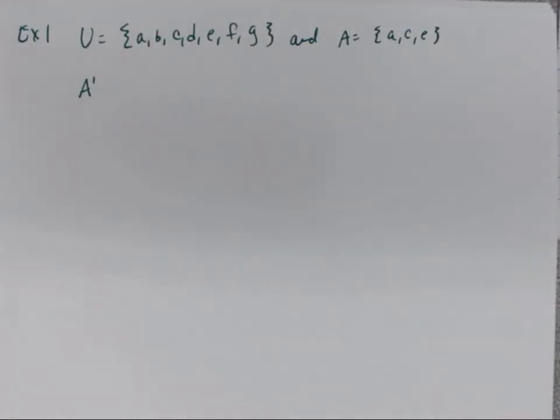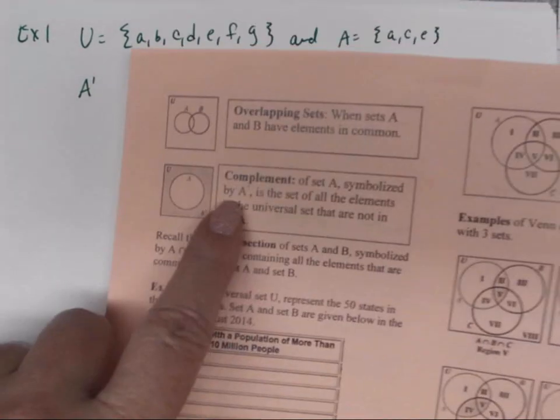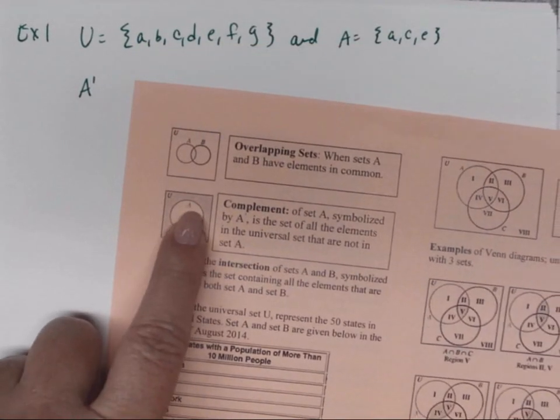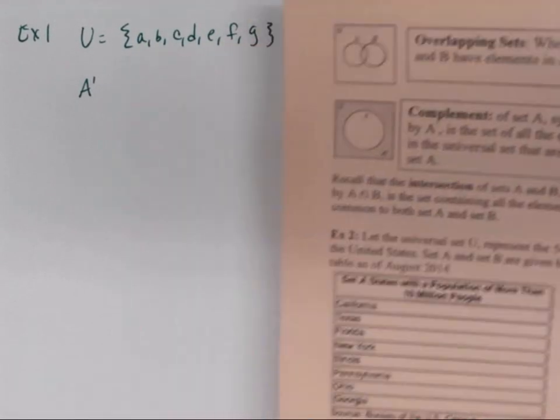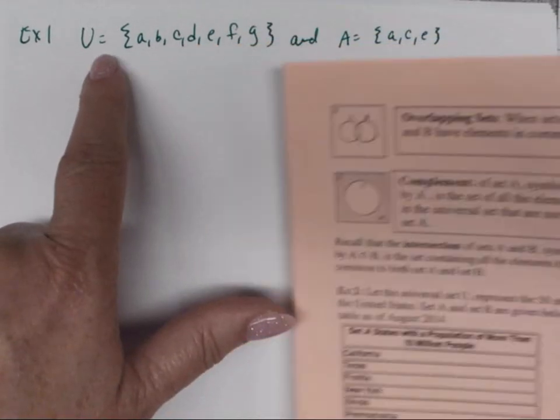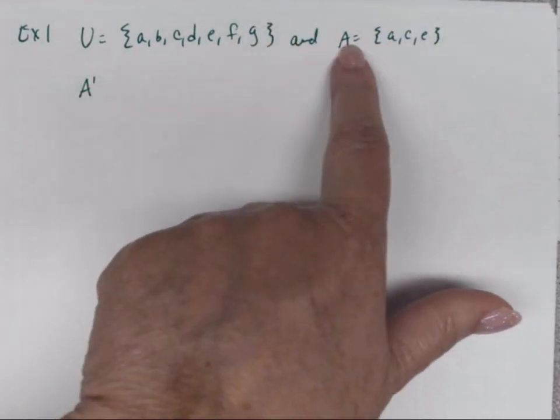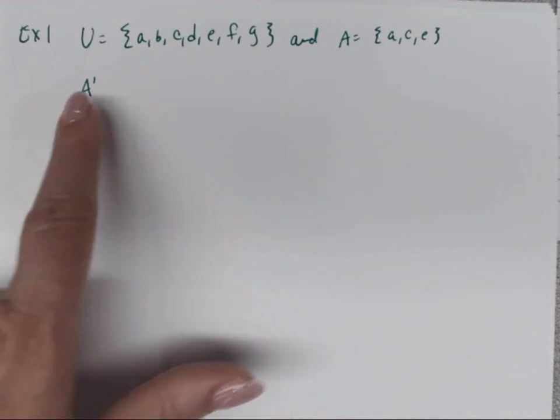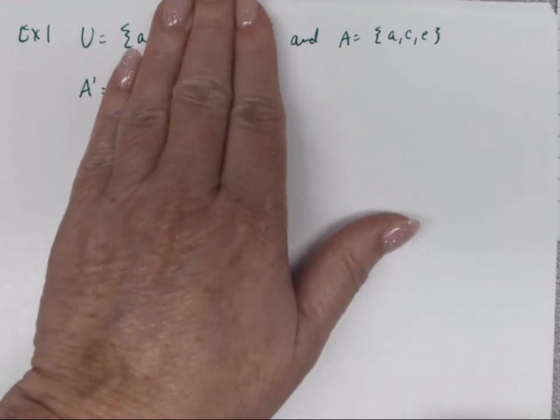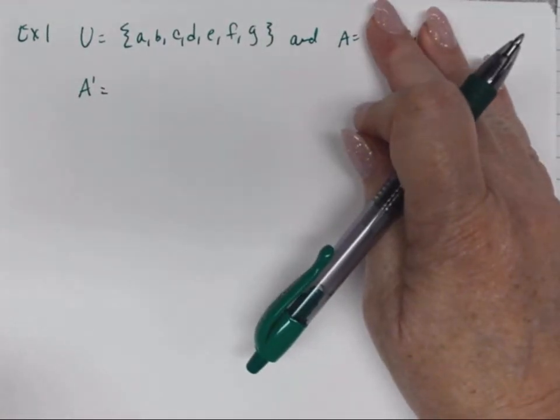Remember, the complement is everything outside of set A, so all the things in U that are not in A. The universal set has all of these letters, and A has these. So our A complement is equal to everything in U minus this part.